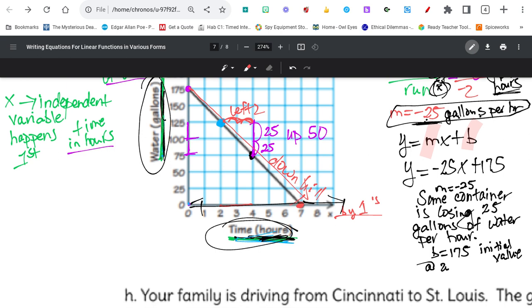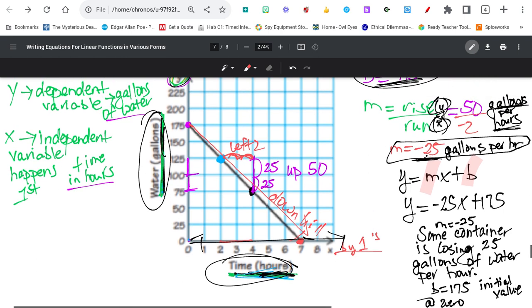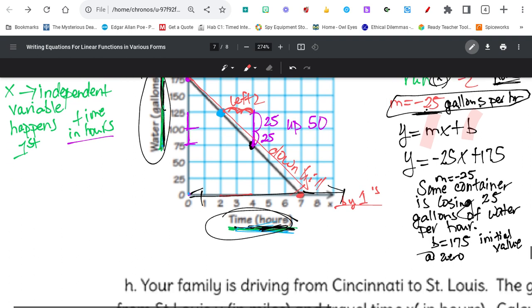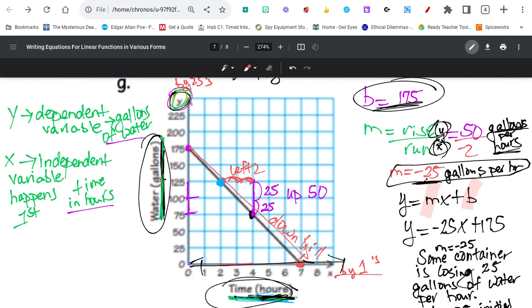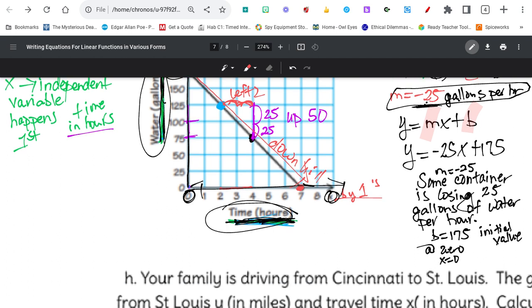At an x of 0, which means at 0 hours, what's the 175 talking about? 175 gallons of water. Initially, that was 175 gallons of water.